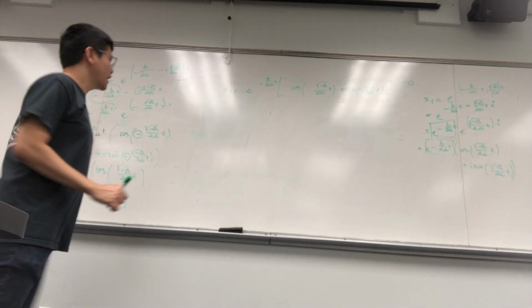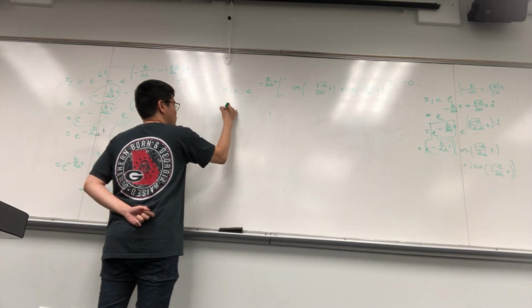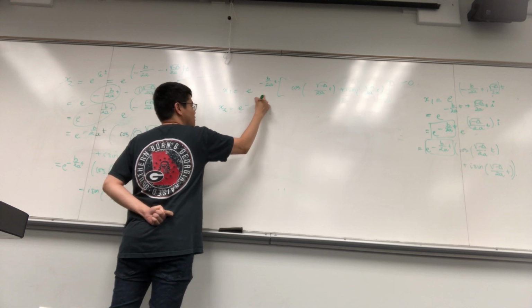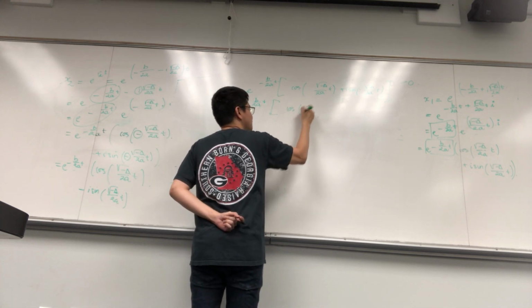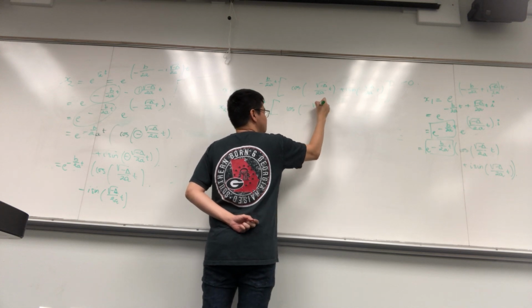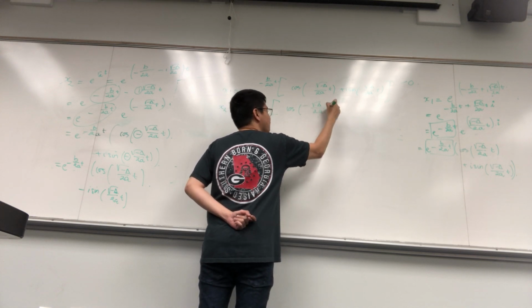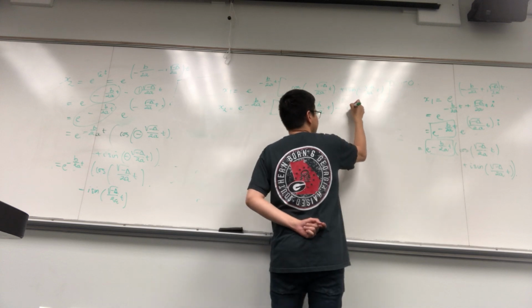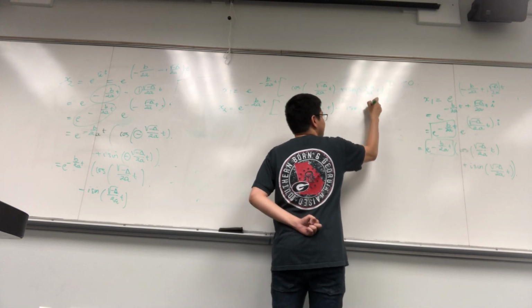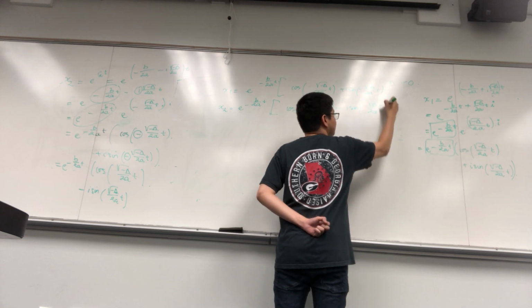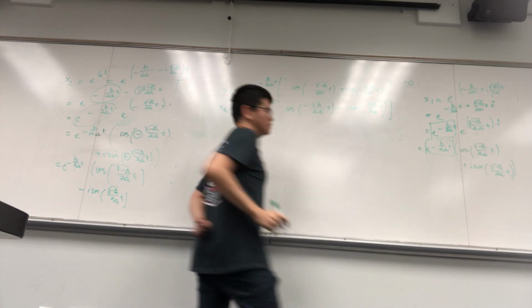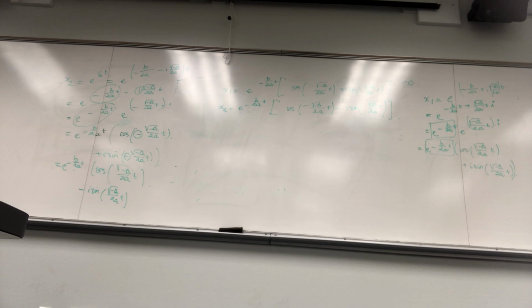Right? And x2 will be e to the power minus b over 2a t cosine of square root of minus delta over 2a t minus i sine of square root of minus delta over 2a t. Right, so this is the formula that you have.